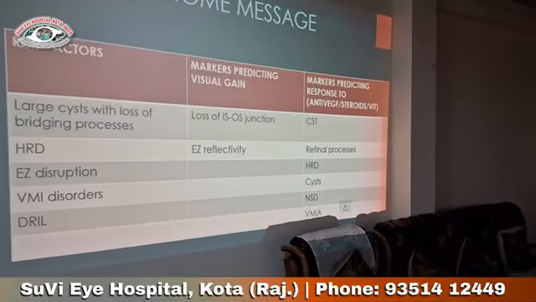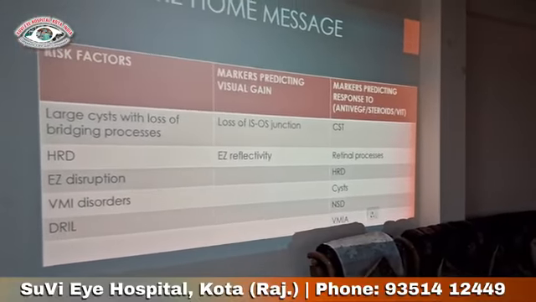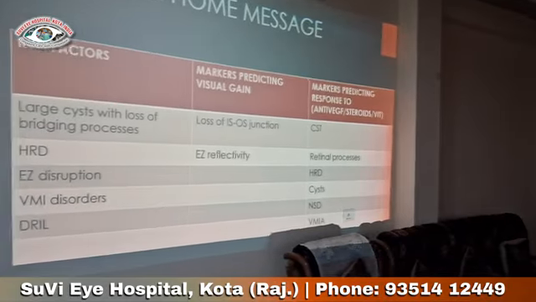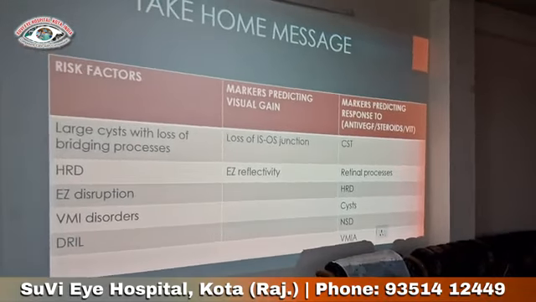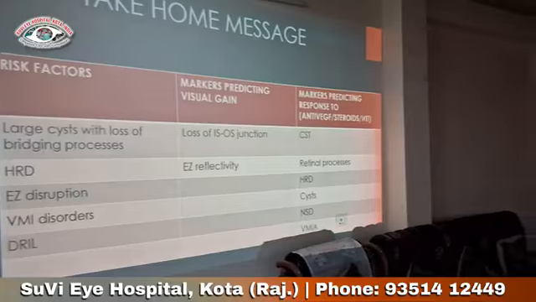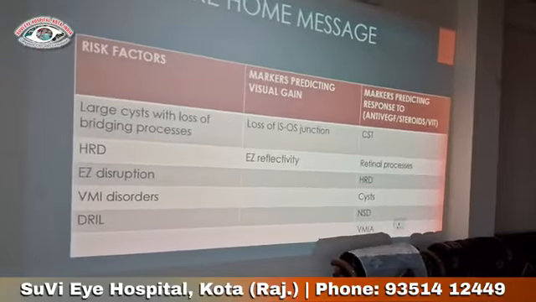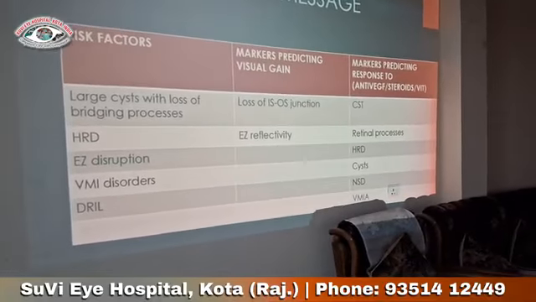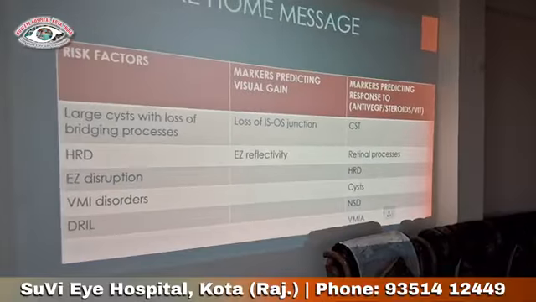So whatever you do, you give a dexamethasone implant, you give anti-VEGF, you can try bevacizumab, faricimab, whatever you do, sometimes the vision stays at a level of 6 by 12 to 6 by 9. At that point, there's no point in giving further anti-VEGF; just take metabolic control and observe the patient.